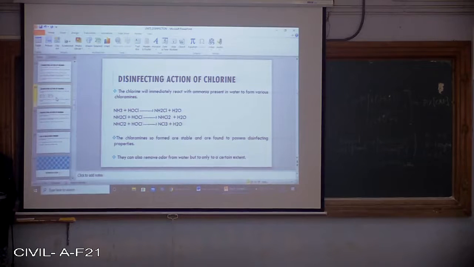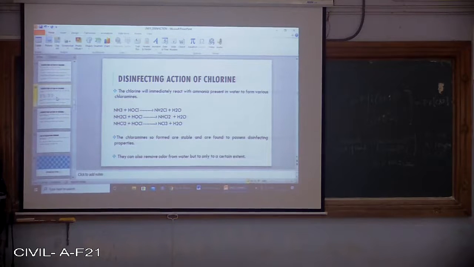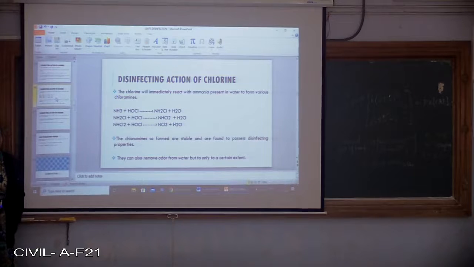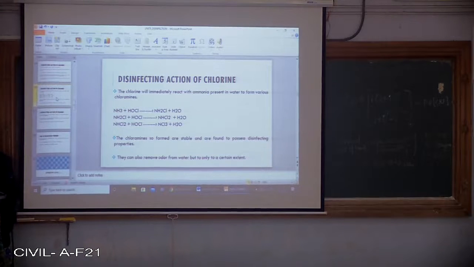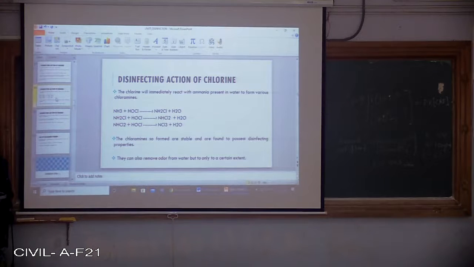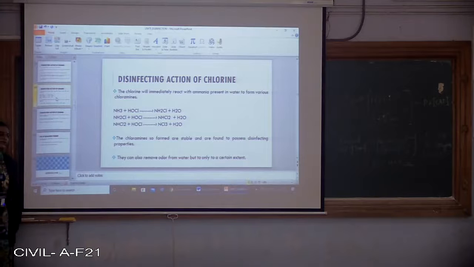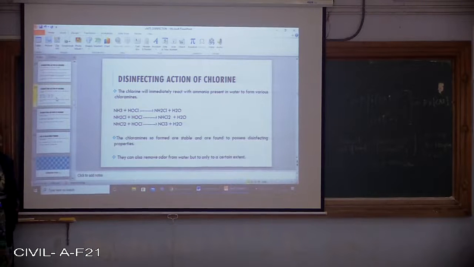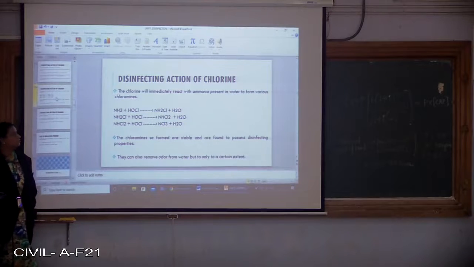Disinfecting action of chlorine. Further, chlorine will immediately react with ammonia present in water to form various chloramines. So if your water contains ammonia, this chlorine will react with it to form various chloramines. What are these different chloramines?